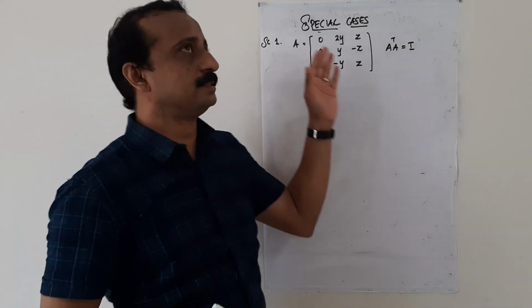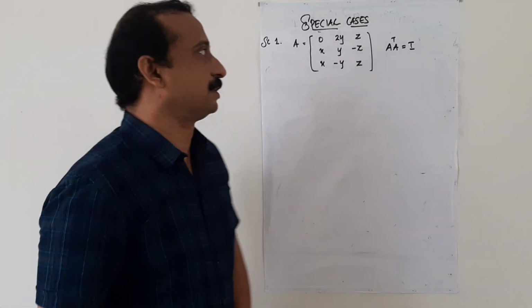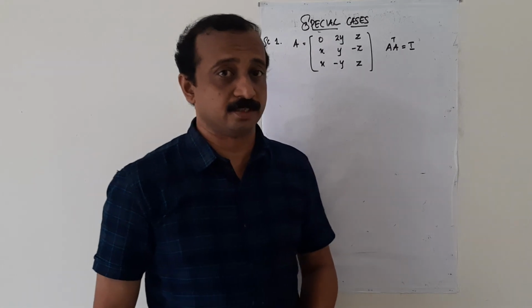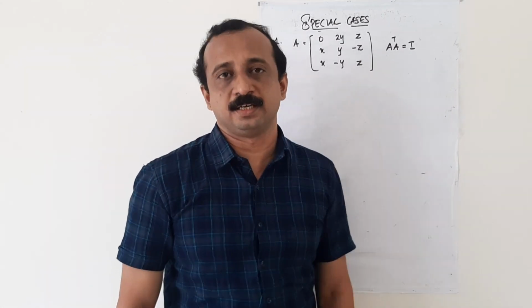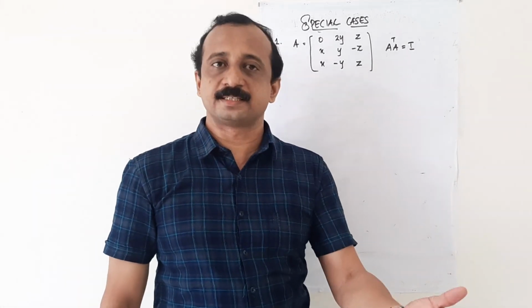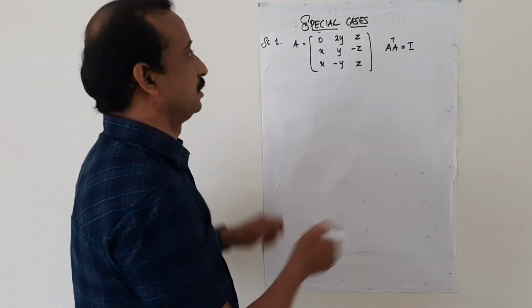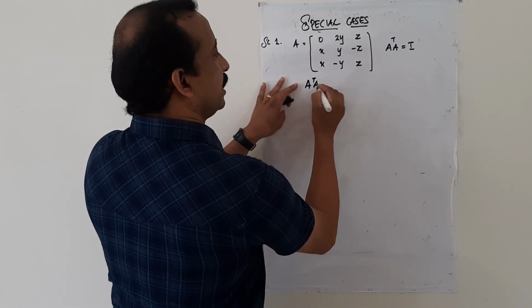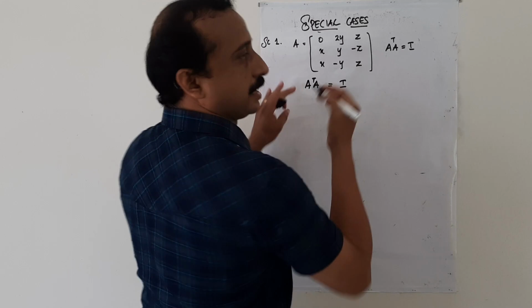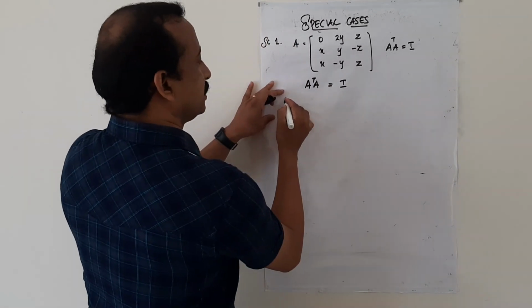A is equal to the matrix 0, 2y, z; x, y, minus z; x, minus y, z. It satisfies the condition A transpose into A is equal to I. Then what is the value of x, y and z? Okay. Here first of all we apply the condition A transpose into A is equal to I. You already know what A transpose is here.